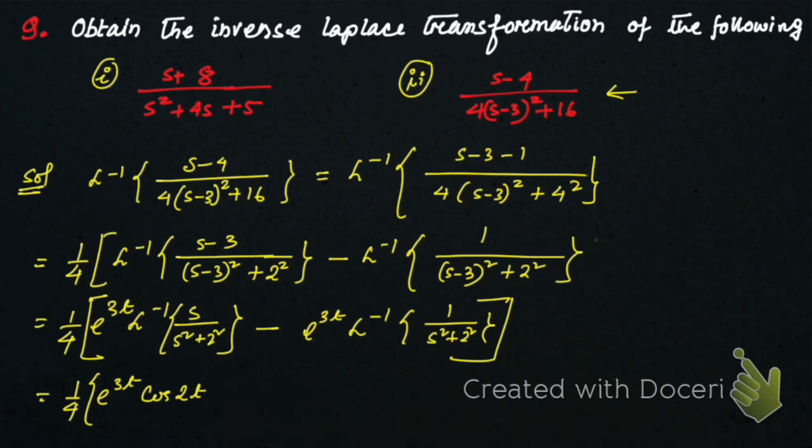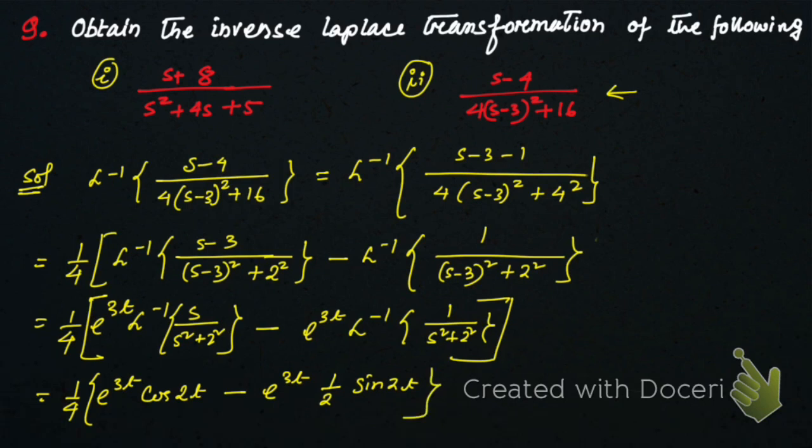Then minus e to the power 3t and the inverse Laplace transformation of 1 by s square plus a square, that is 1 by a sin at, right? And in this case a square is nothing but 2 square, so we're going to get 1 by 2 sin 2t. That's what we have got, right?